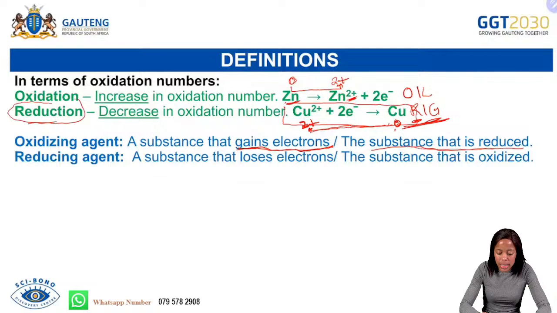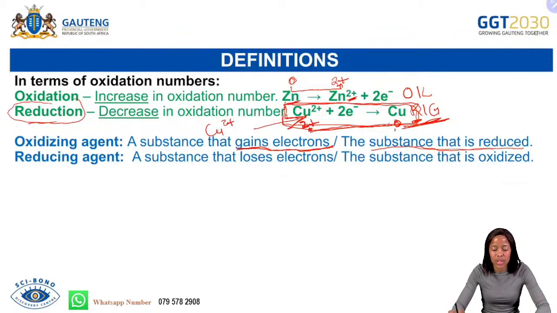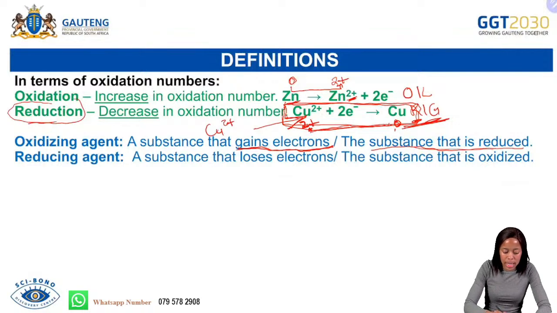So if this is now your reduction half reaction, it therefore means that Cu2 plus will represent your oxidizing agent. Because we are saying that agents are always your reactants, but that is when you have the correct half reaction in terms of reduction.